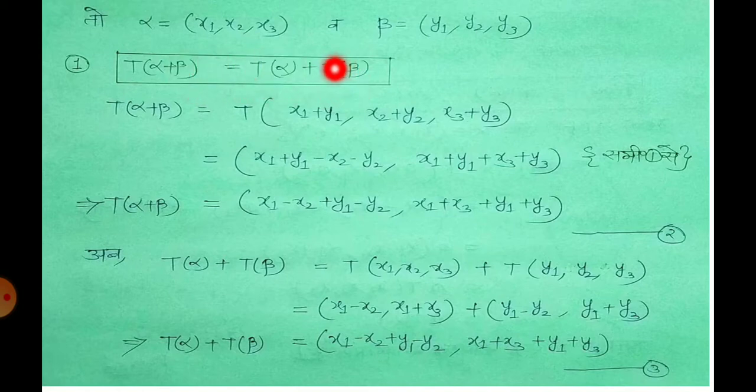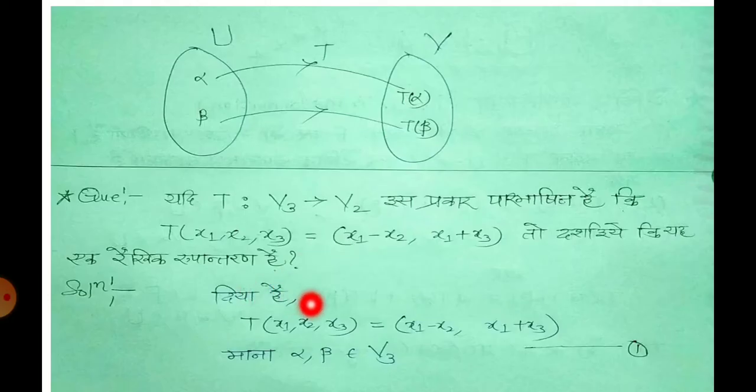We will show this. So T of alpha plus beta, we put the value of alpha, x1, x2, x3, and the value of beta, y1, y2, y3, and alpha plus beta will be x1 plus y1, comma, x2 plus y2, comma, x3 plus y3. Now T of x1, x2, x3, from equation 1, is x1 minus x2, that means first term minus second term, comma, x1 plus x3, that means first term plus last term.